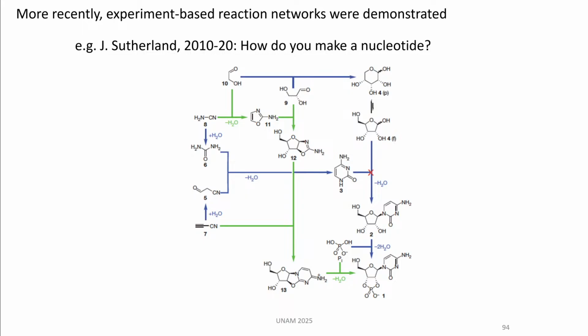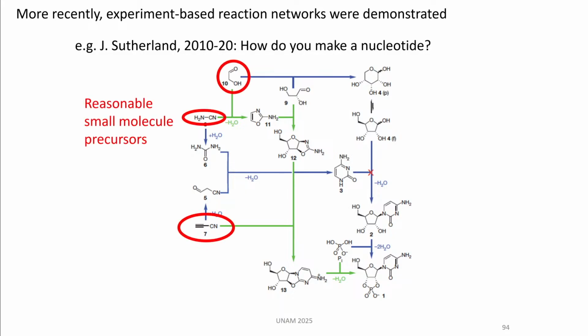You don't have time to identify all of them, but you can see that the starting reagents are reasonable small molecular precursors, like nitriles or like small alcohols, which have been known to occur in astrochemical reactions.